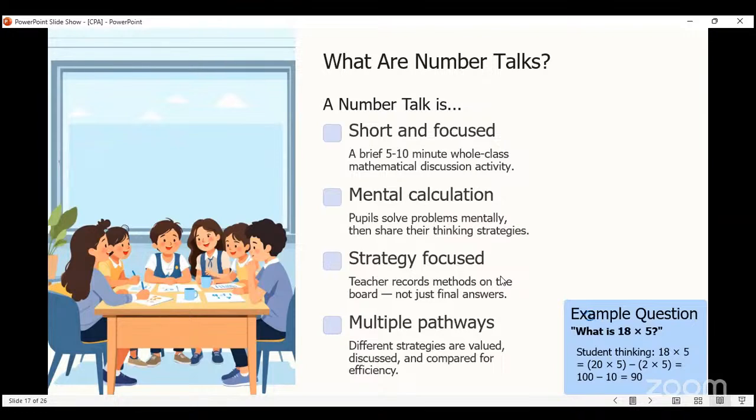That's one of the pillars of the American curriculum. They encourage the children to try multiple pathways to solve their sums, not just the one-way method.